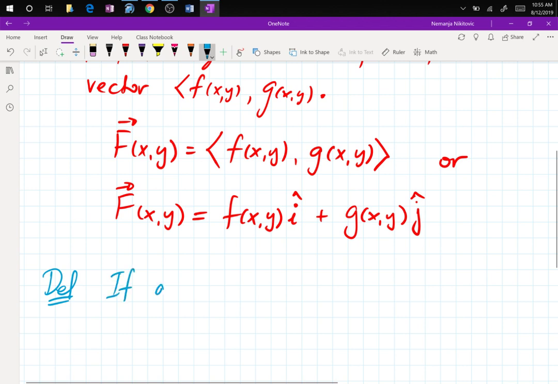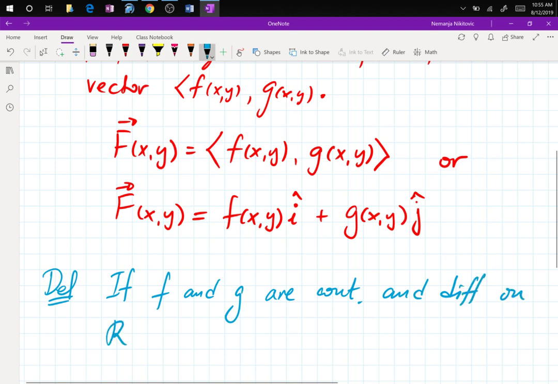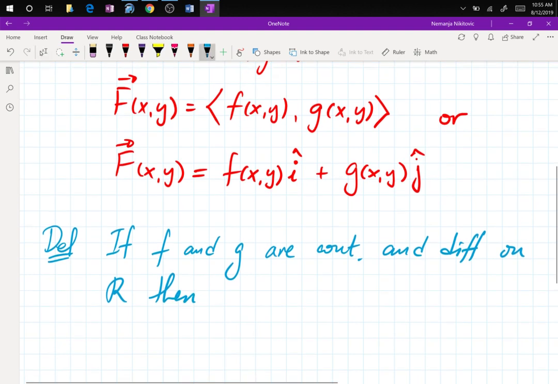If f and g are continuous and differentiable on R, then vector field F is continuous and differentiable on R. So this is what you have as a vector field. And guys, this stuff is extremely easy.